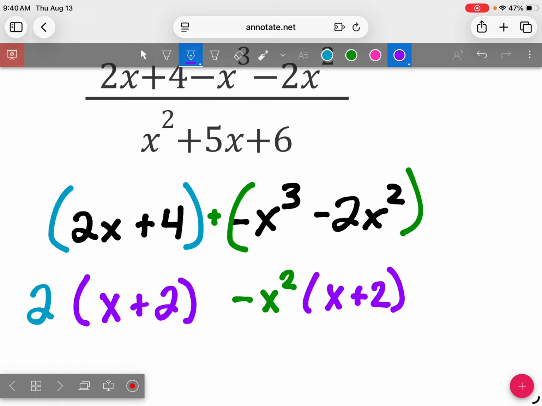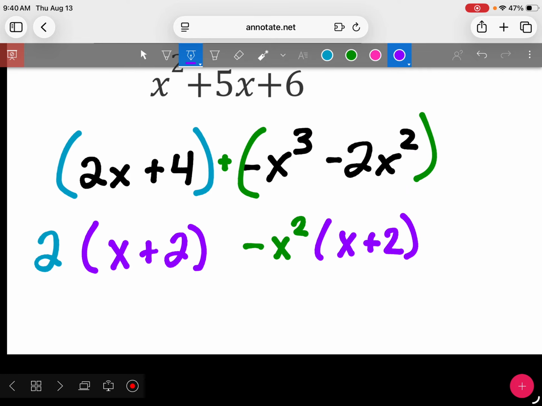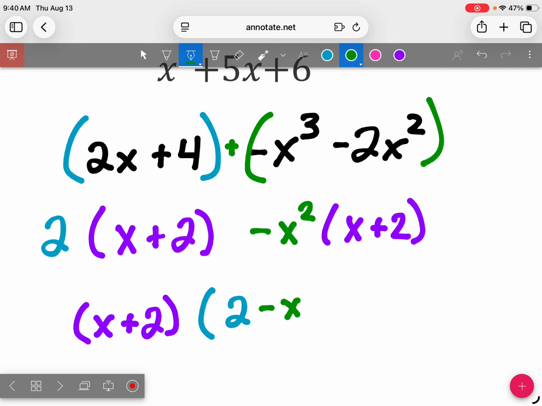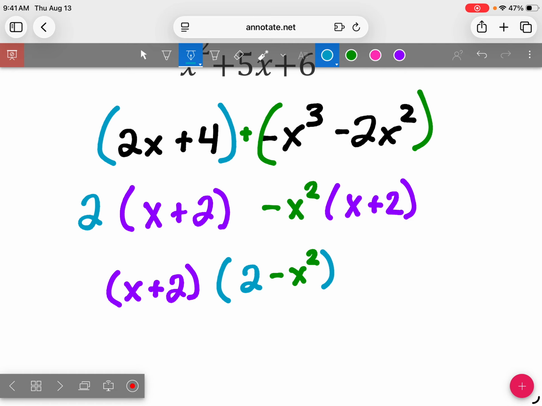As long as these 2 things match exactly, we can finish this factoring. They have to match all the way down to the signs. So I can write our numerator here as x plus 2, and then our 2 leftover pieces make their own factor, 2 minus x squared, which is gross, but it is factored.